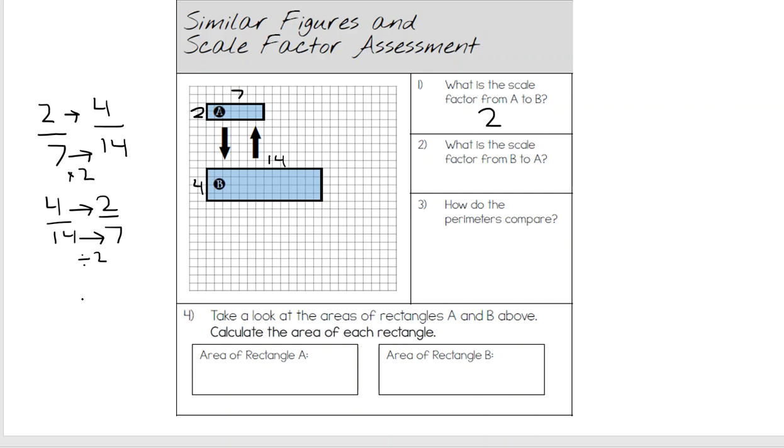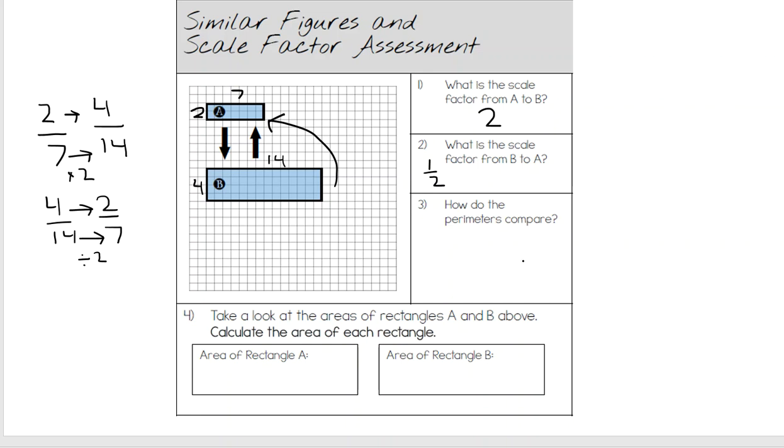And another way of saying divided by 2 is multiplying by 1/2. Okay, so dividing by 2 or multiplying by 1/2, that's the same. So the scale factor from B to A would be 1/2, because to go from B to A, we divided by 2.